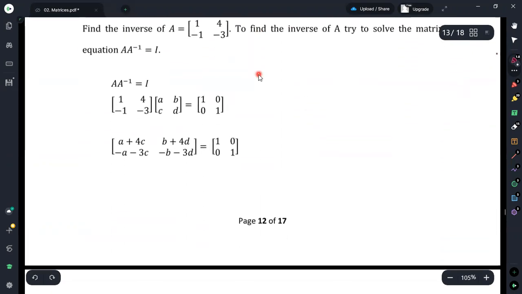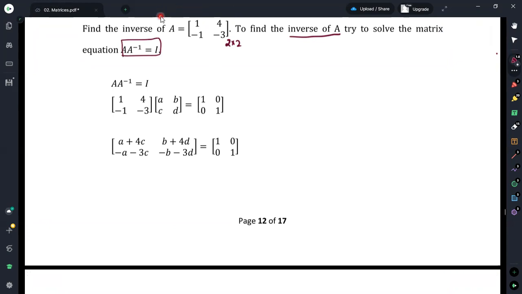Here I am taking the matrix as matrix A. Matrix A is given as 1, 4, minus 3 and minus 1, which is a 2 by 2 matrix, and you are asked to find the inverse of this matrix A using the basic equation, A times A inverse equals I.